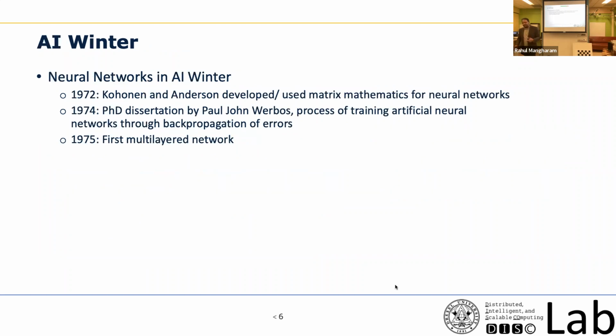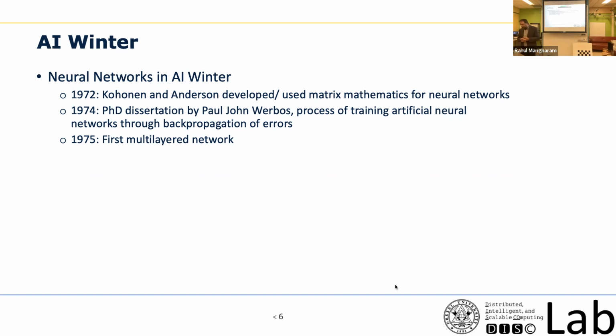But still, during this time, a lot of other developments happened in parallel. They didn't come into so much prominence, but some work still went on. One of the prominent works is the backpropagation of error, which was a PhD thesis in 1974. That was one of the most prominent works that happened in the AI winter, although it didn't come into prominence so much at that time.